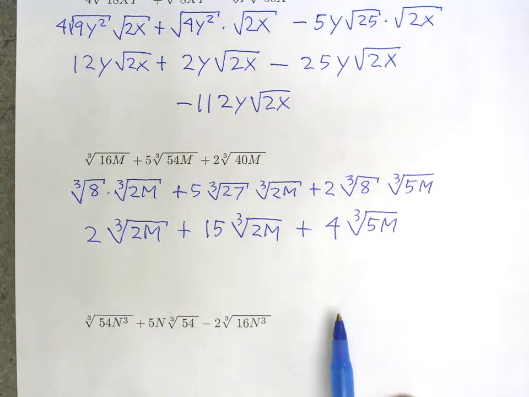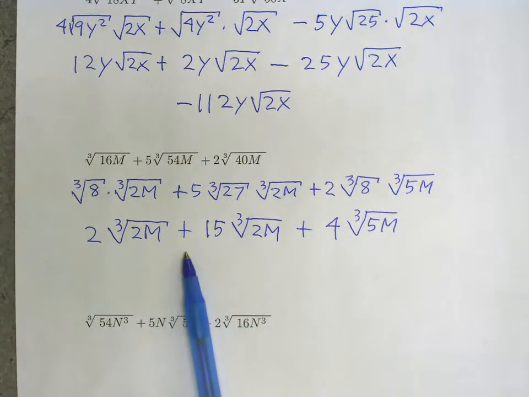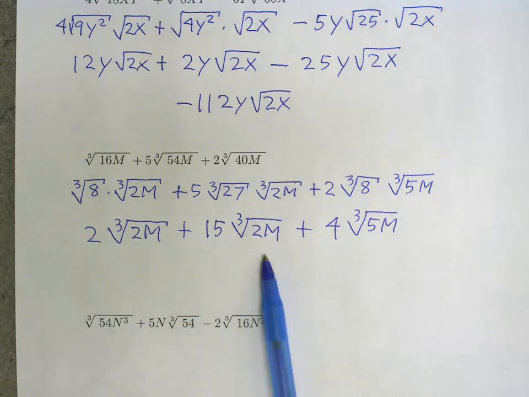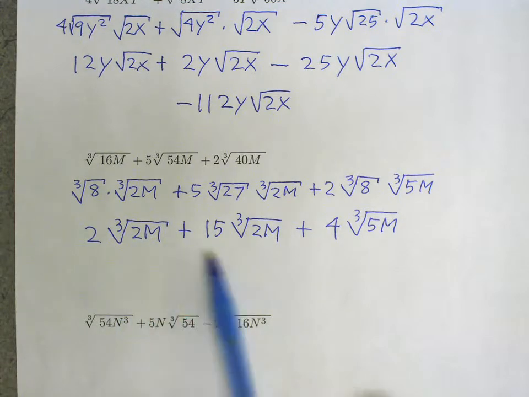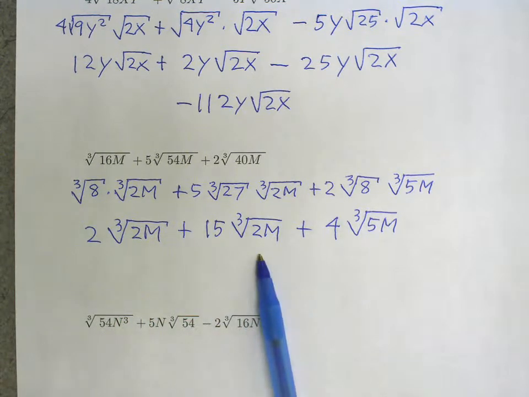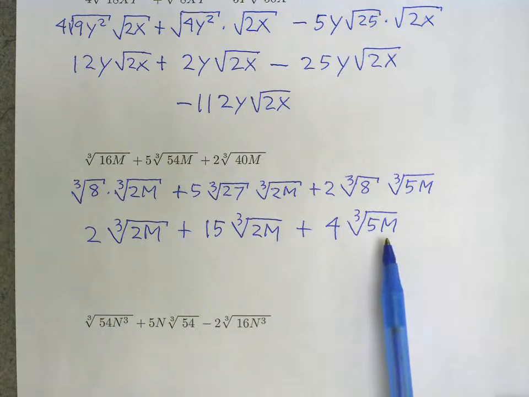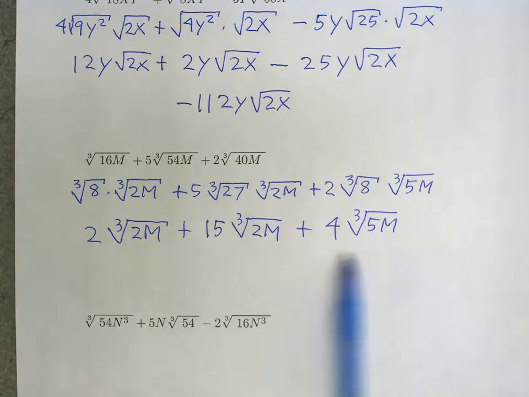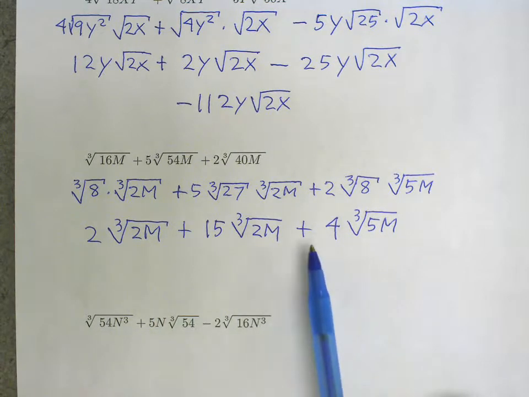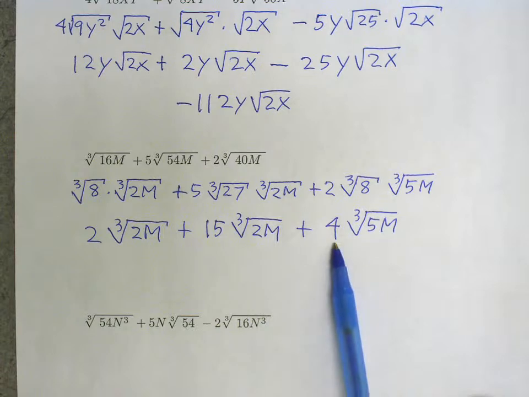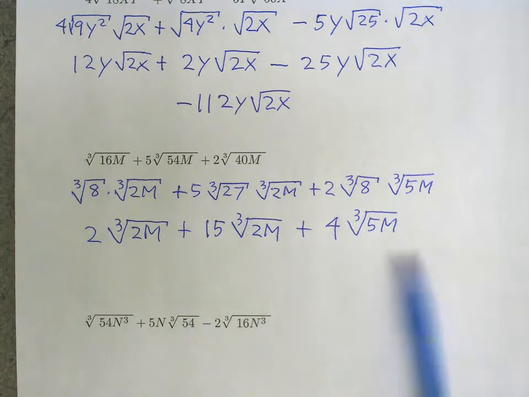Only 2 of the terms can be combined by adding. The 2 terms on the left have identical radicals, cubed roots of 2m, but the term on the right is unlike the other 2. So this term on the right stands alone.